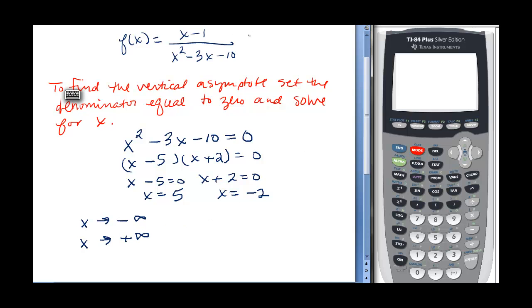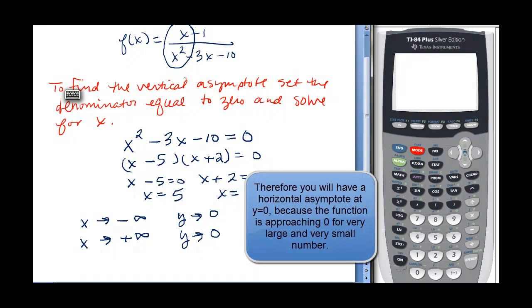Well, since the degree of my numerator is less than the degree of my denominator, the degree here is 1, the degree here is 2, so my denominator is greater than my numerator, the function will eventually approach 0. Because that denominator is bigger, it's going to overtake my numerator, and after a while, this stuff won't matter.